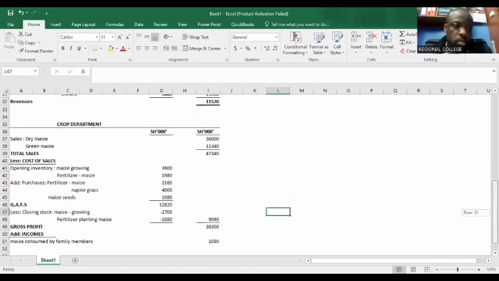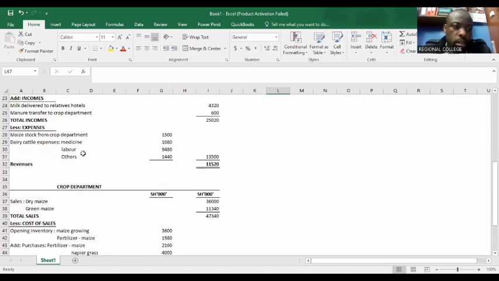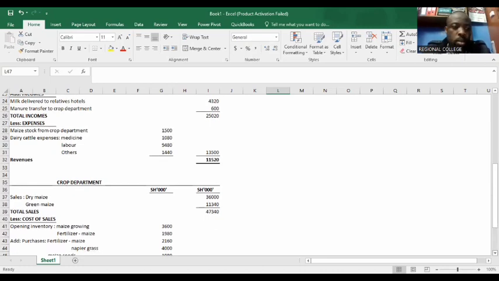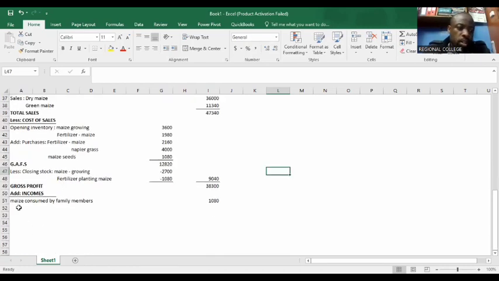Then if I check this department here under expenses, there is a maize stock from the, so they transferred some maize stock to the crop, to the livestock. So that is an income to them. So maize stock transferred to livestock is an income to them.